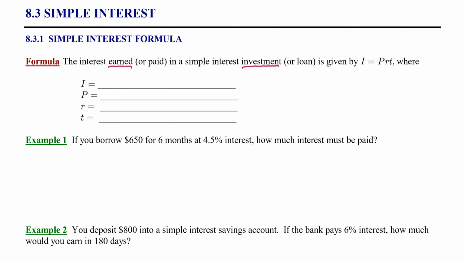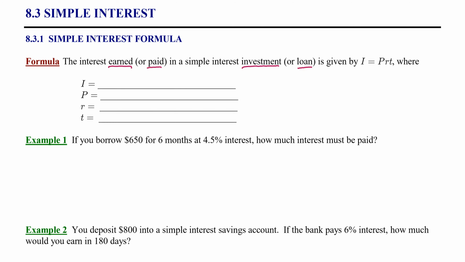For example, when you deposit your money into a savings account at the bank, they are paying you a fee for depositing your money there. So you earn simple interest. However, if you take out a simple interest loan, then simple interest is the fee that you pay for that loan. The mathematics is the same with either perspective, either an amount that you earn from an investment or an amount that you pay on a loan.